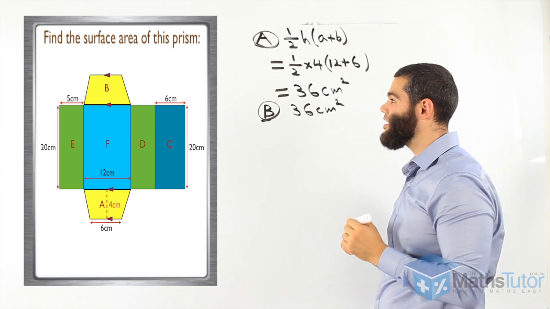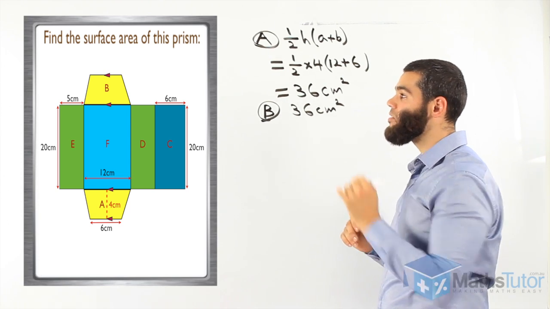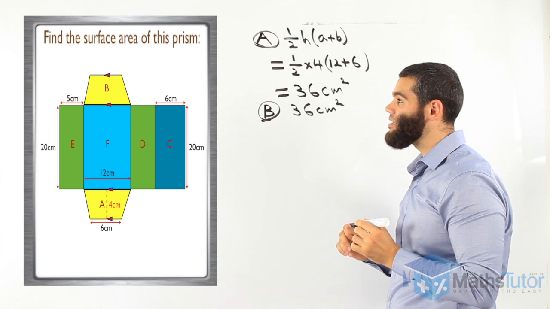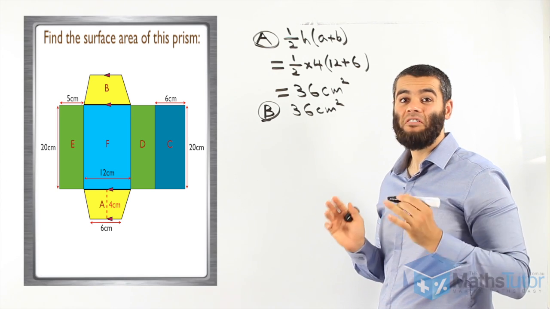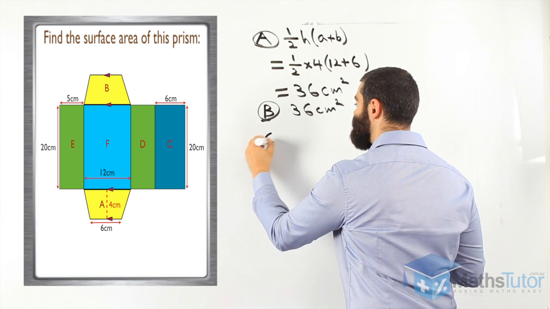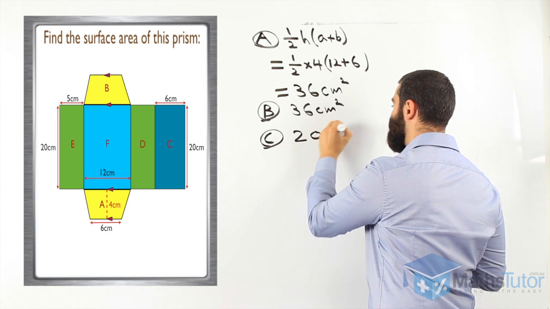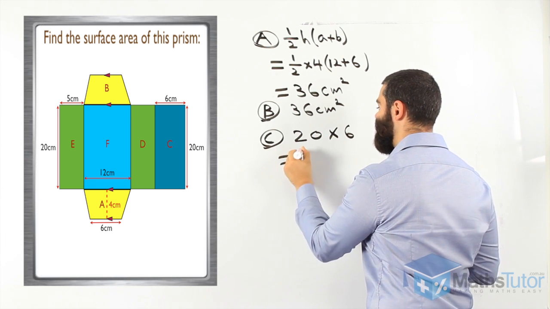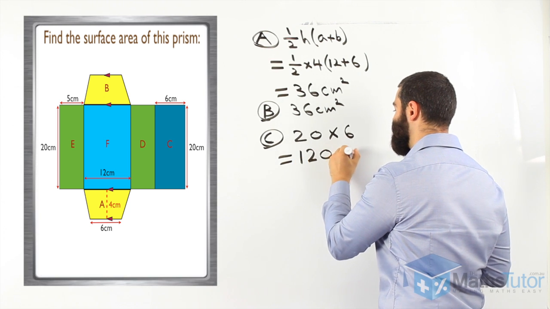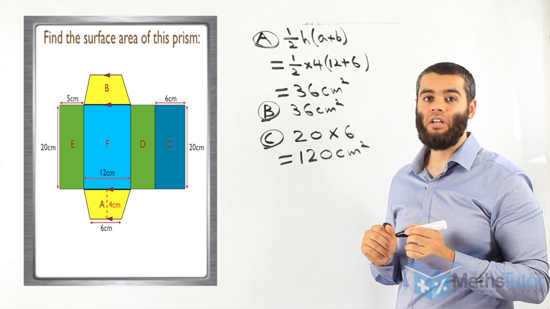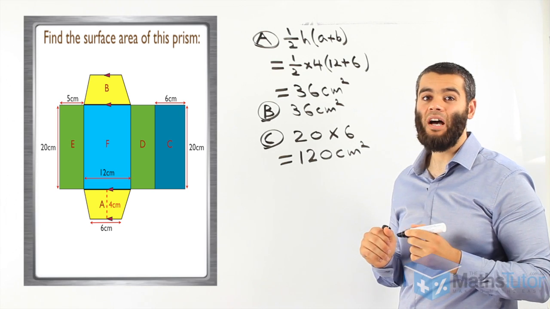Let's do face C. Face C is the top. What measurements does it have? The length is 20 and the width or the breadth is 6. So C is a rectangle, 20 times 6, 120 square centimeters. That's completed. Next we have D and E, and we know they are the same size.